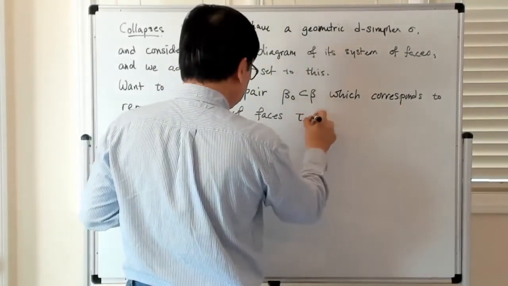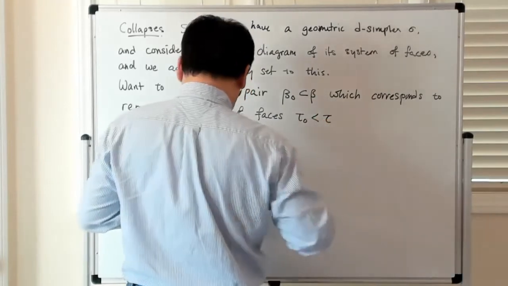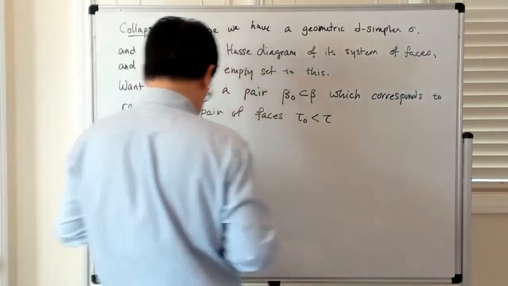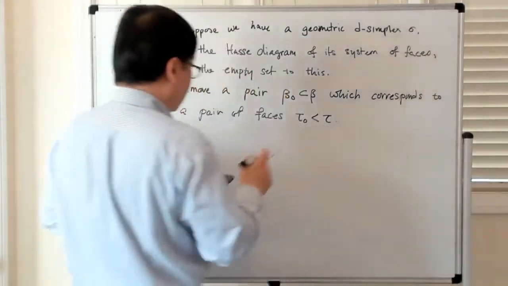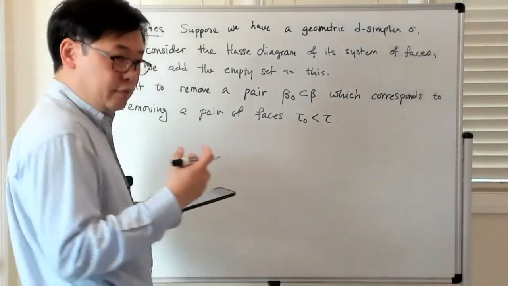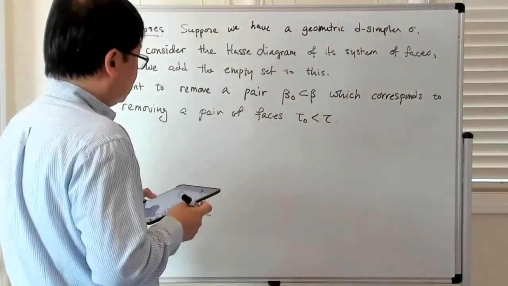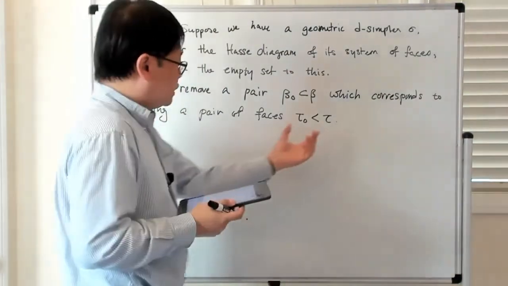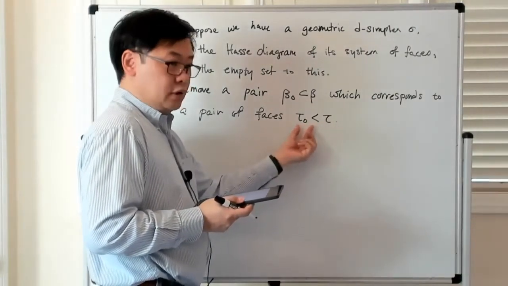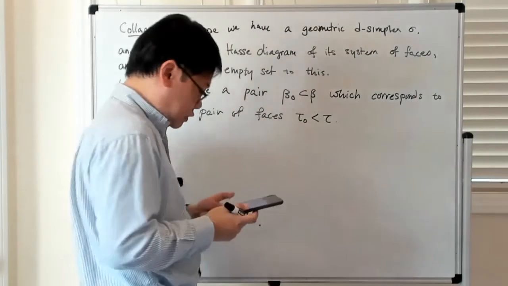So tau 0 is a subface of tau. So what needs to happen is that you want to do this in a way which preserves the simplicial complex structure. So if I remove this pair, it has to be that tau is the only proper coface of tau 0, right?